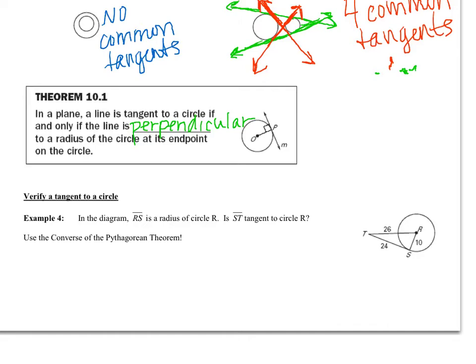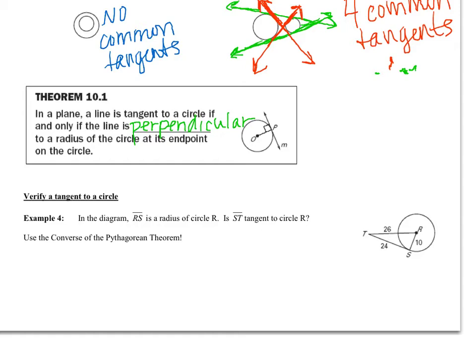So what this is basically telling us is all these tangent lines are going to be perpendicular to our radius. If they're not perpendicular to the radius, they're not tangent lines. The line would be moved just a little bit so it would touch the circle in more than one spot. So the only way for it to be tangent is for the line to be perpendicular to the radius.